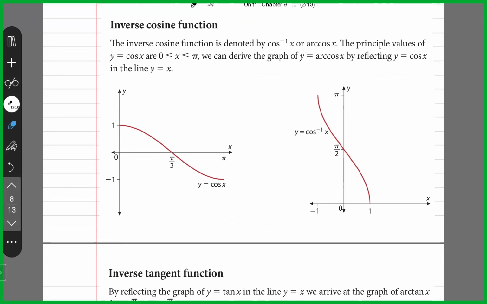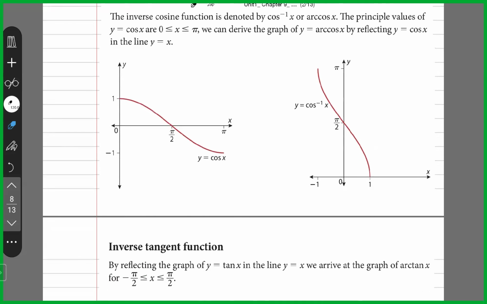So the domain for cosine inverse is -1 to +1, and the range is between 0 and 180 degrees. Again, I said general knowledge. You can look this over for yourself. General knowledge, your knowledge of relations and functions apply.